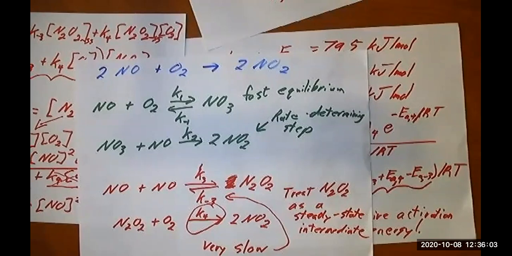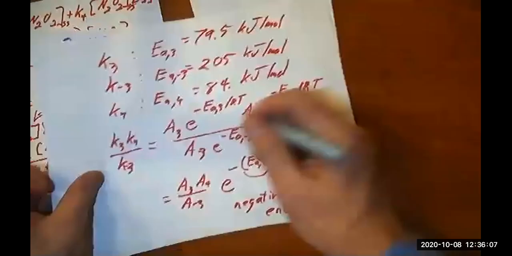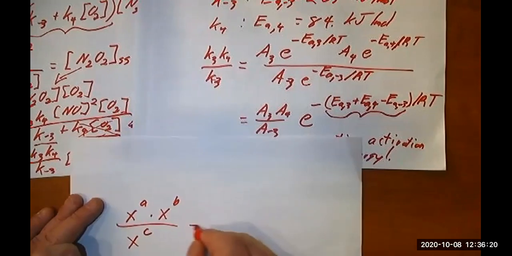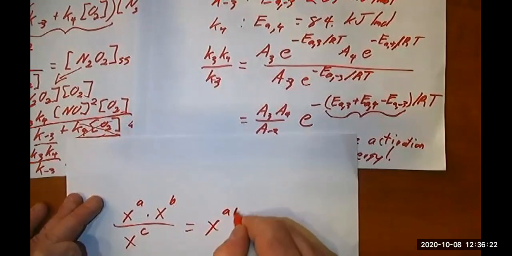Yeah, that's exactly right. The mathematics principle used here is if you have x to the a times x to the b over x to the c, that becomes x to the a plus b minus c.